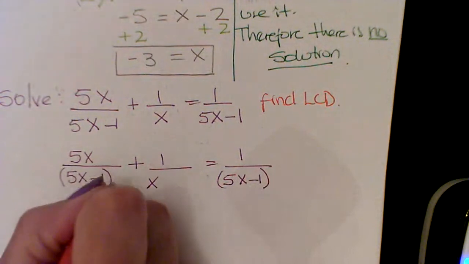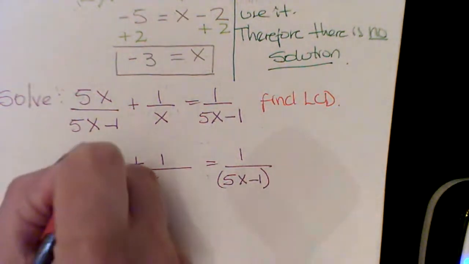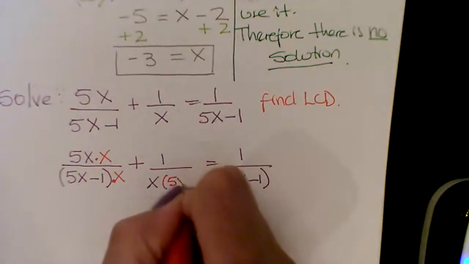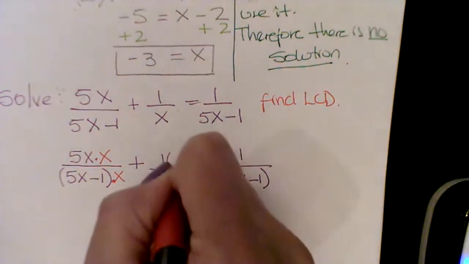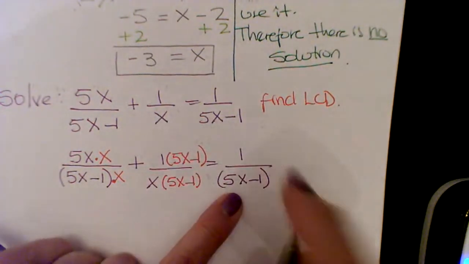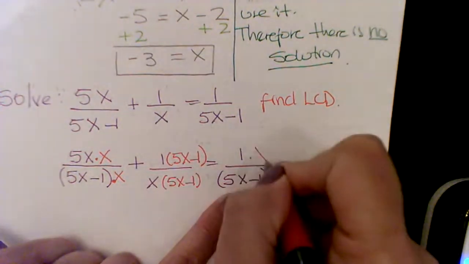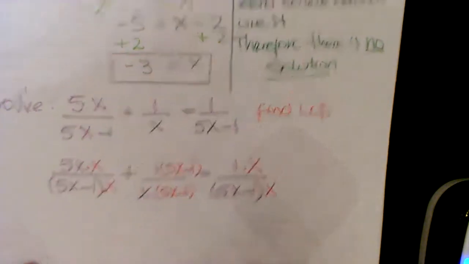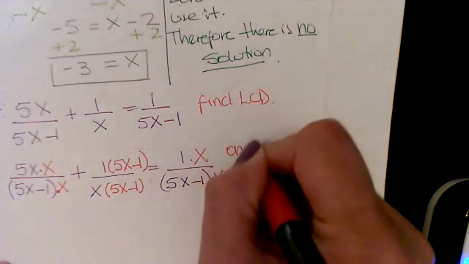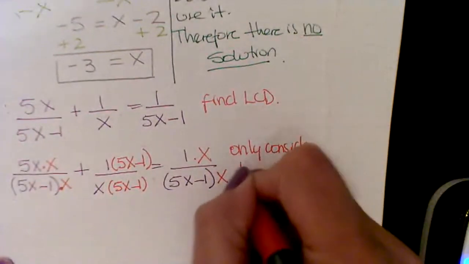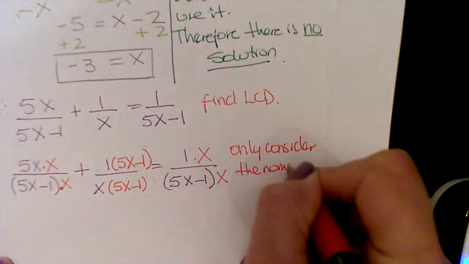I'm missing the x, right? And on this one, I'm missing the 5x minus 1. What am I missing on this one? X. All right? So now we're only going to consider the numerators.